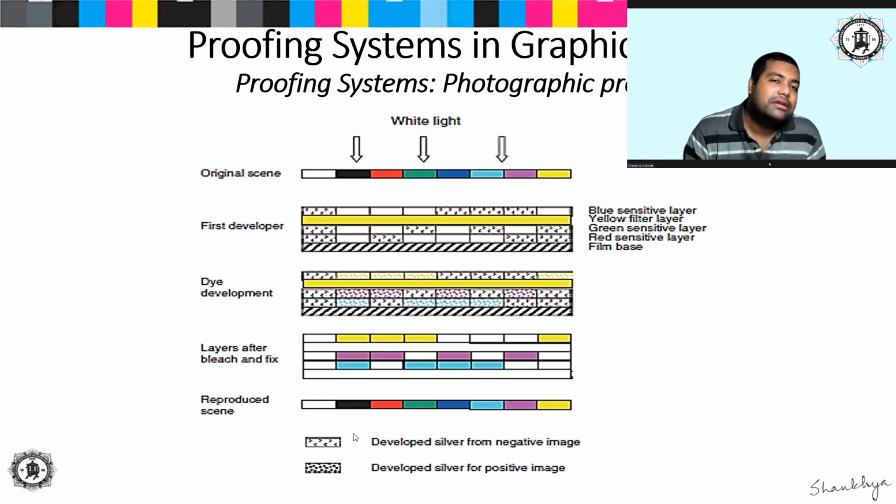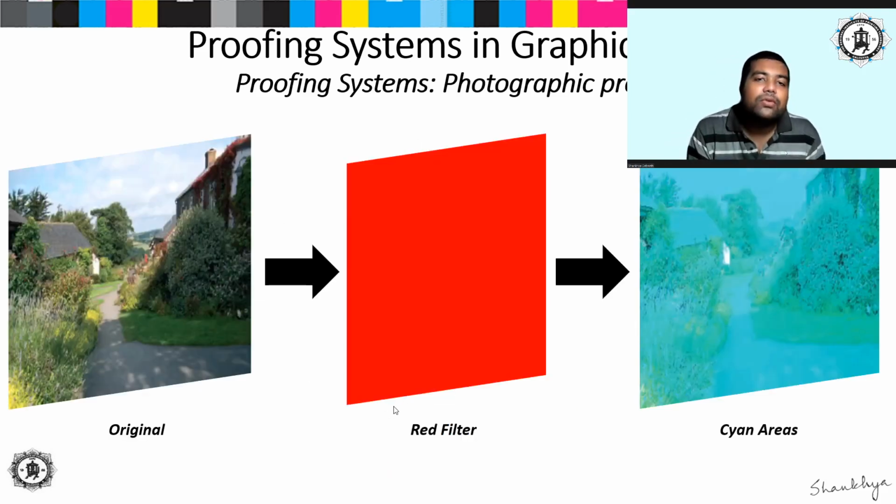So whenever you are exposing that photographic paper using your original, and you are using certain filters in between while the exposure is going on, you are only throwing one light at a time. That means, for example, if you are using the red filter here, you are only allowing the red light to pass.